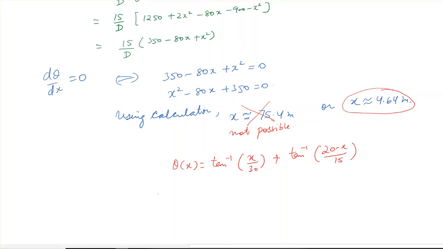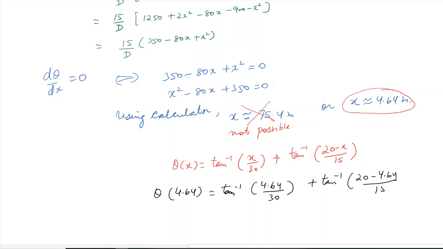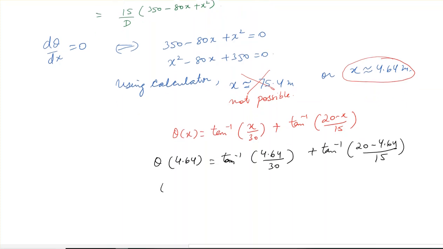So when you put the values in, tangent inverse of 4.64 over 30 plus tangent inverse of (20 minus 4.64) over 15, you will see that theta is approximately 54.5 degrees.